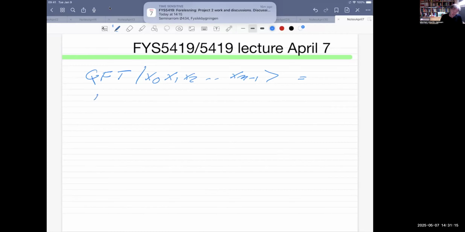We end up with 1 over the square root of 2 to the power of n. So this is the number of possible states we can make. And then we had a series of tensor products. So we have 0 here, plus e to the 2 pi i. And then we had this compact notation where we represent the bits as a floating point binary representation multiplied with state 1.